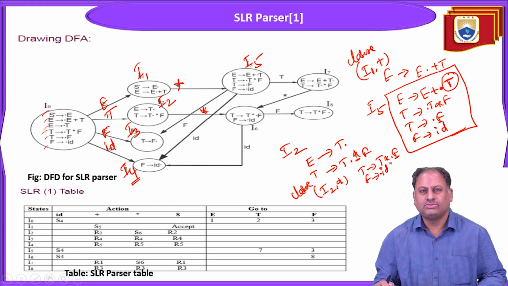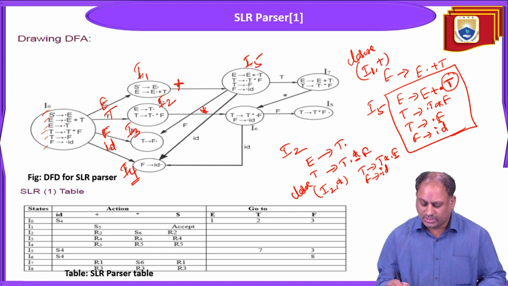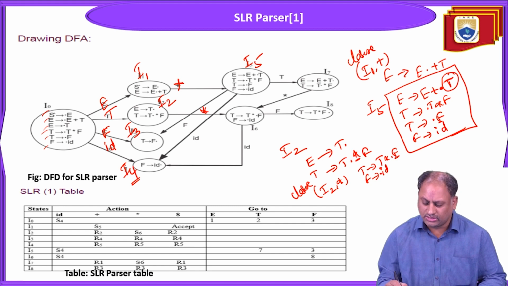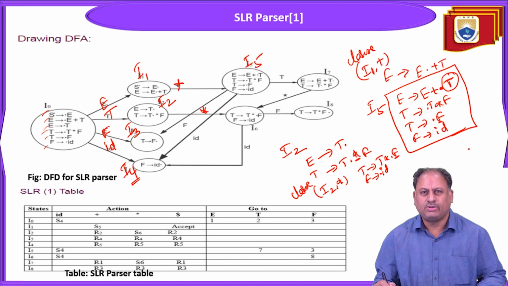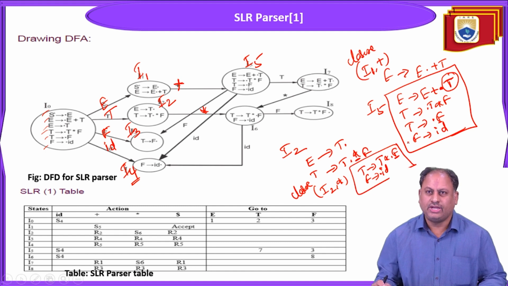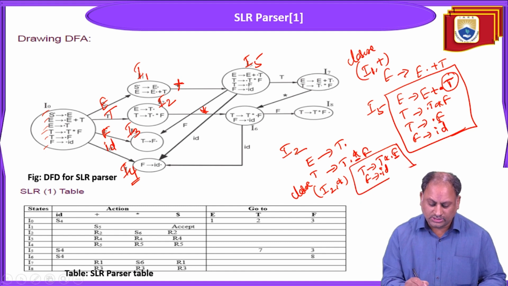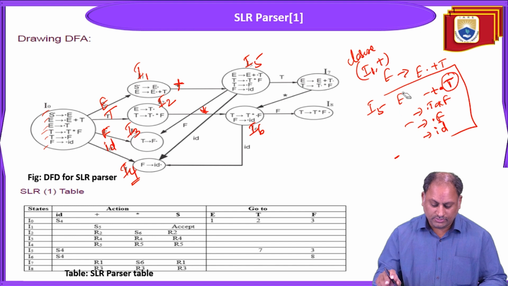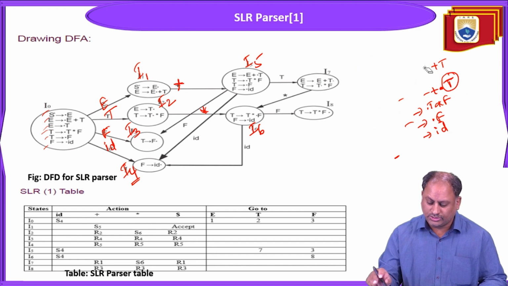F derives ID, so that is to be stopped. Why? Because here it is not a non-terminal. Whenever there is a non-terminal, then the corresponding rules are to be included. So those can be placed as a new state, that is considered as I6. Now we reached two more new states, that is I5 and I6.